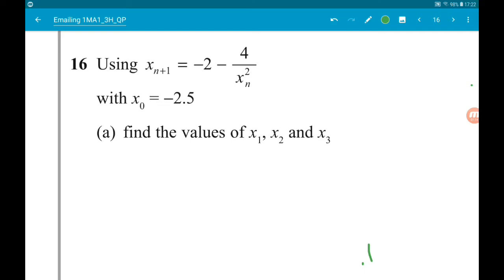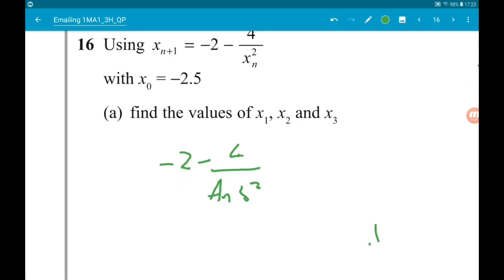So, in your calculator, after you've put in minus 2.5 and pressed equals, then put in minus 2 minus 4 over ANS squared. So, and then press equals, and that will give you x1.